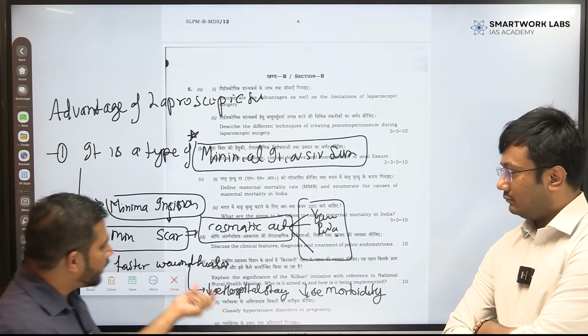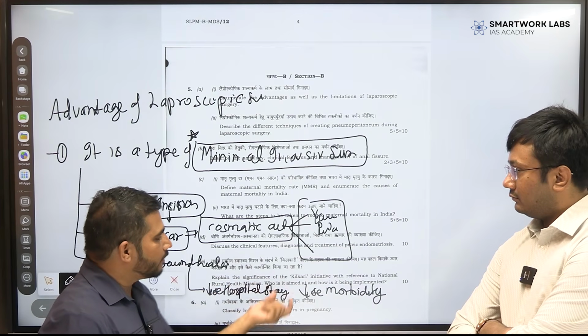Faster wound healing will cause decrease hospital stay, decrease hospital stay with decrease morbidity.